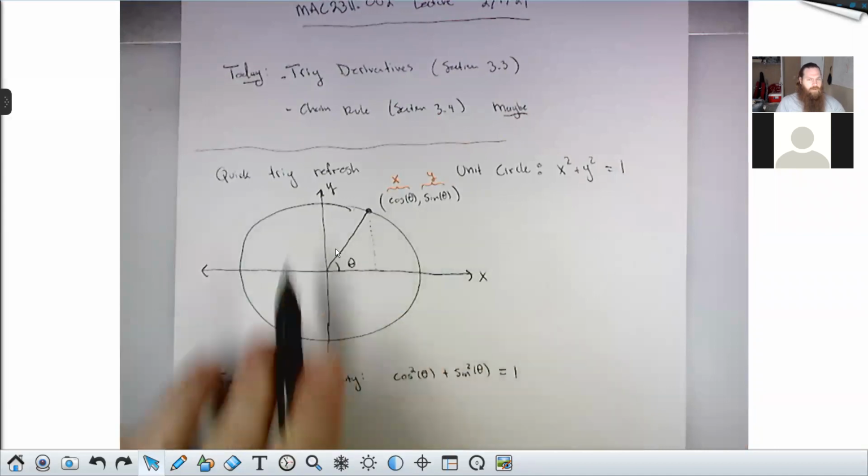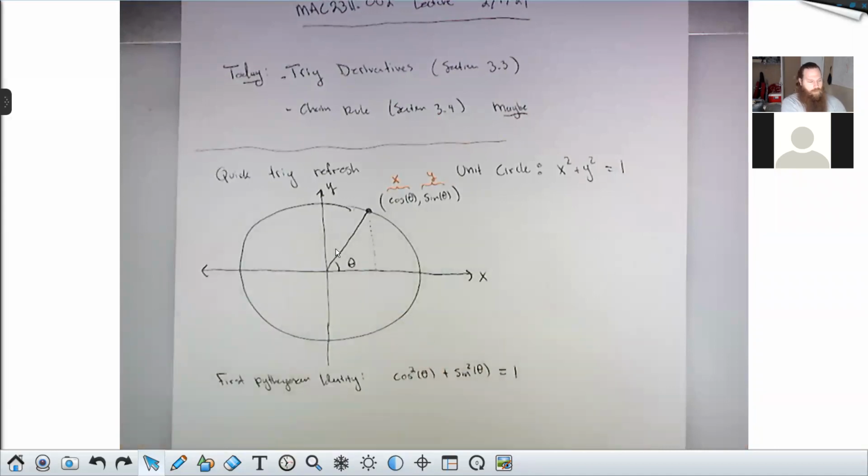I'm not going to remind you the particular values of the unit circle. This is something you need to know.